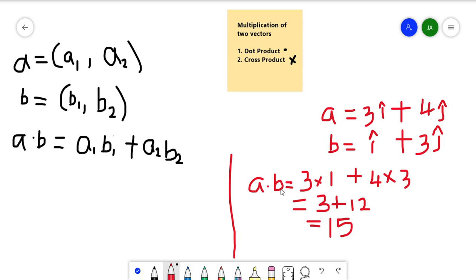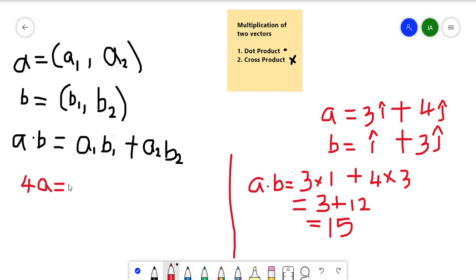Let's still use vector A as 3i plus 4j. If I say you should find the value of 4A, now 4 is a scalar. I'm multiplying the vector A by this scalar 4. All we have to do is multiply the individual components here.